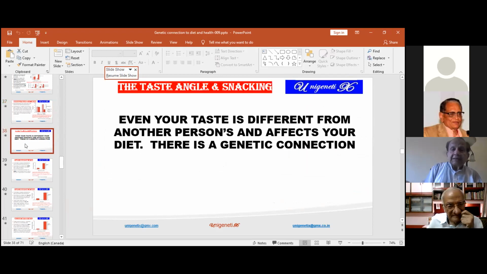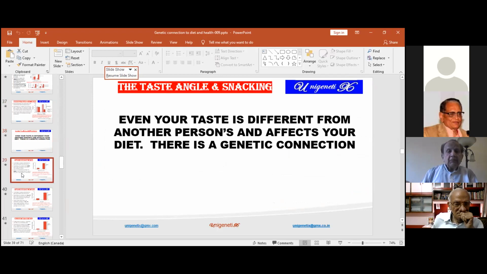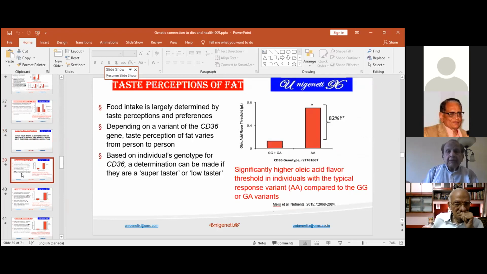The taste angle and snacking. Every person tastes things differently and these things affect their bodies differently. And in these slides, taste perception of fat is dependent upon a particular gene.